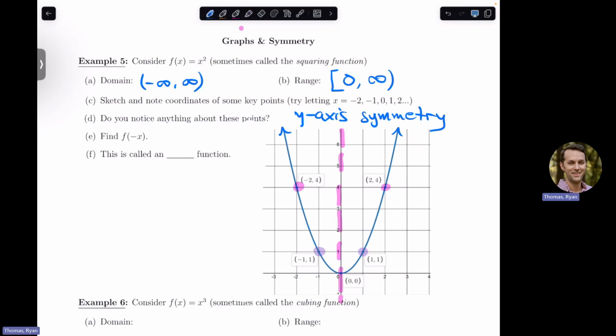All right, what happens if we try to find f of negative x? If I plug negative x into this function, that says take negative x as a single whole quantity and square it, which means multiply it by itself. And what happens? The negatives go away. You get x times x, and x times x is another way of saying x squared.